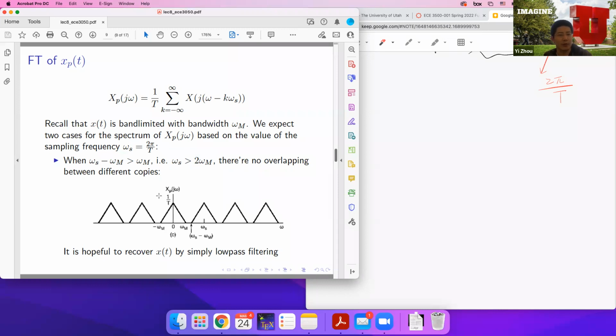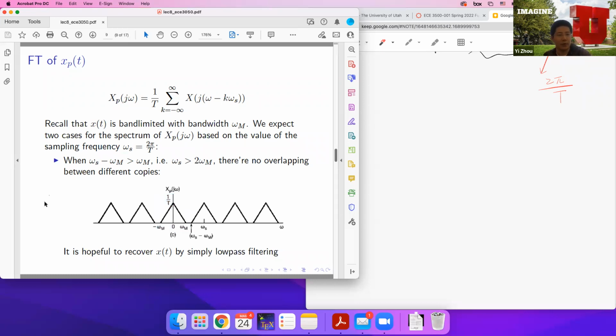So once we have this sample signal, to recover the original signal, we can simply apply a low pass filter and filter out any one of the copies of this spectrum. Then you can rescale the spectrum by multiplying it by capital T. After that, you recover the exact original spectrum.